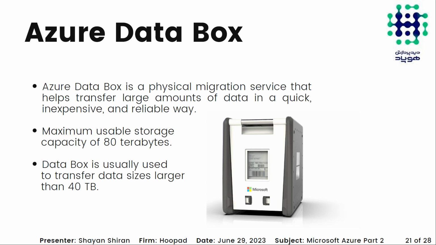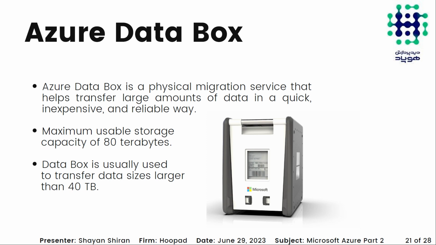It's a physical migration service that helps transfer large amounts of data in a quick, inexpensive and reliable way. So, the picture that you're seeing here is Azure Data Box, and it has the capacity of 80 terabytes of storage, which is usually used to transfer data sizes larger than 40 terabytes.